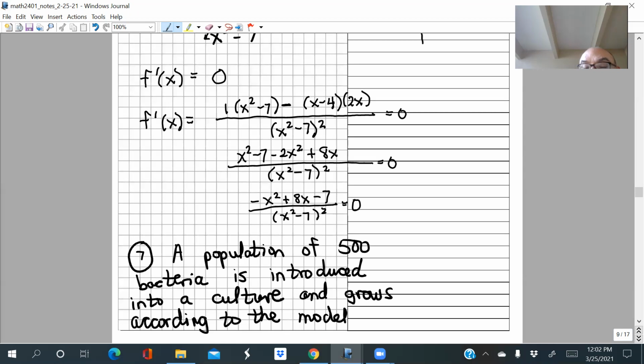The bottom cannot be 0 because you cannot divide by 0. So in solving this equation, we can just ignore the denominator. It's the top that we're interested in. So really we just have minus x squared plus 8x minus 7 equal 0.